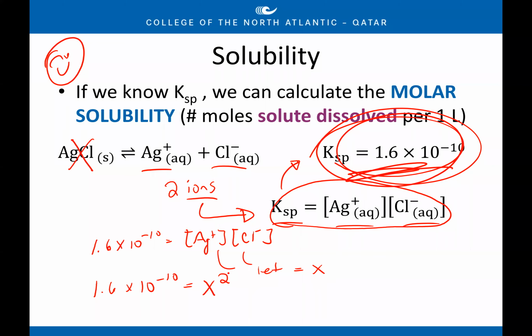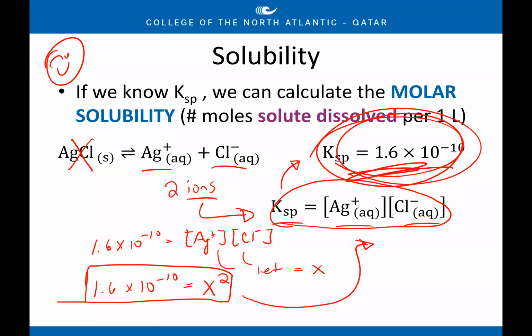There is no more chemistry. Now what I'm asking you guys to do is solve this equation. I'm obviously going to show you how to do this, but if any of you are strong in mathematics, you should know how to solve this right away. I have 1.6 times 10 to the negative 10, and don't worry about the scientific notation. This is just a number, and it's equal to x squared.